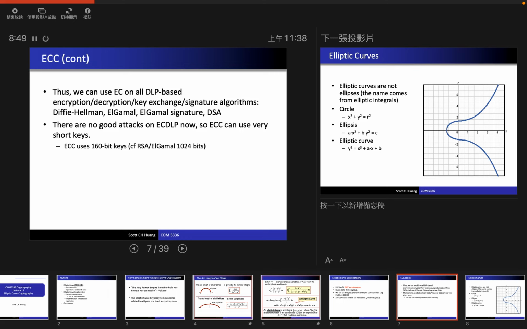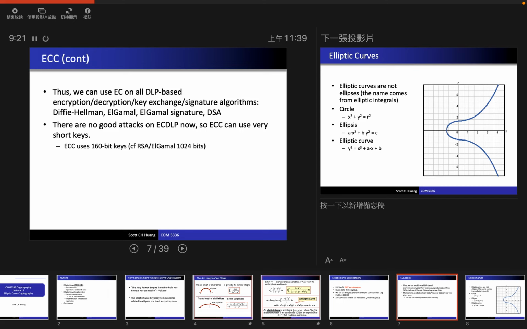And there are even fewer attacks because people really don't understand how this group behaves. It's defined in a very counterintuitive fashion. I'll explain. It's really weird.